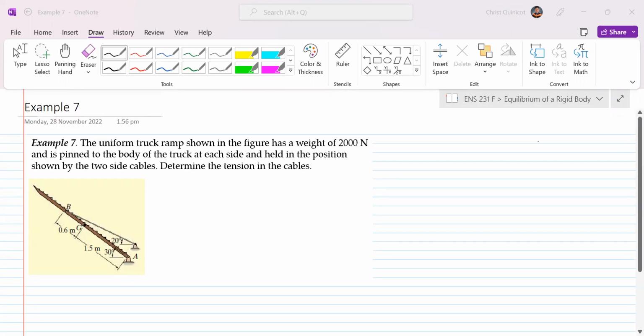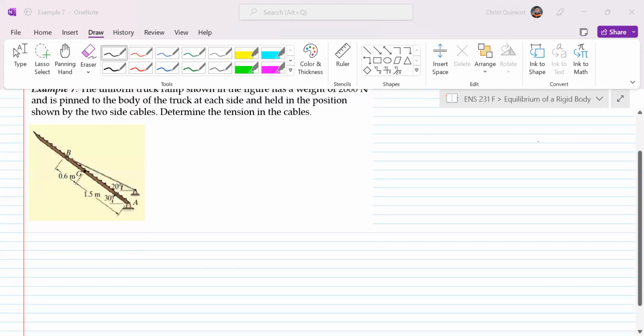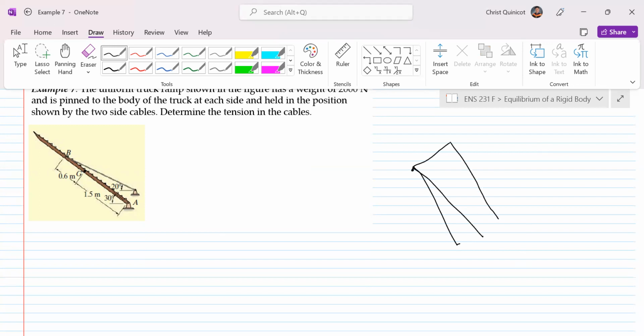I believe most of us have seen already what a truck ramp is, but for illustration, this is viewed in 2 dimension. But in 3 dimension, let us say if this is our ramp, each side is hoisted by a cable. So this is where our truck ramp lowers or goes up, based on how it is configured.